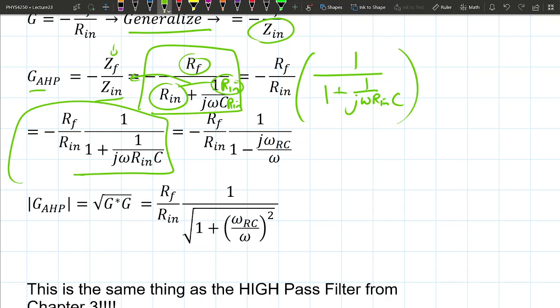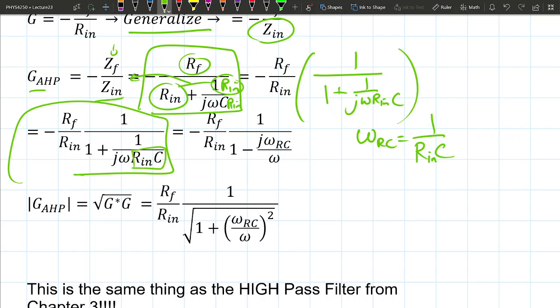Now remember in a filter, omega RC has a special number, 1 over RC. In this case it's going to be Rn, because we're dealing with this Rn times C here.